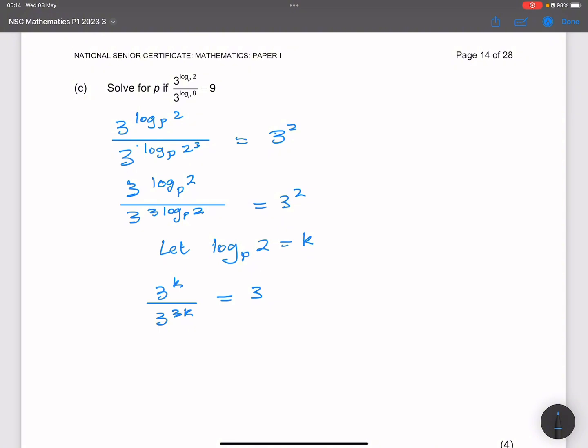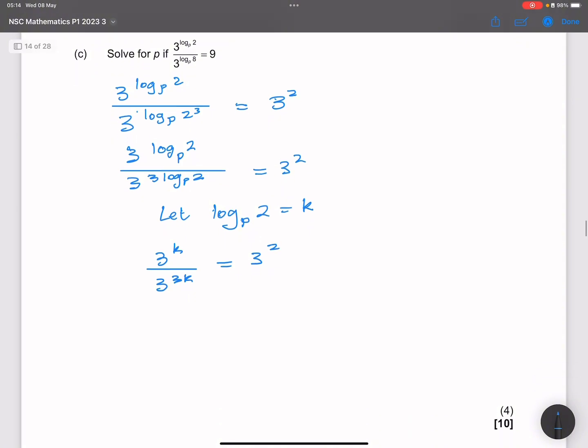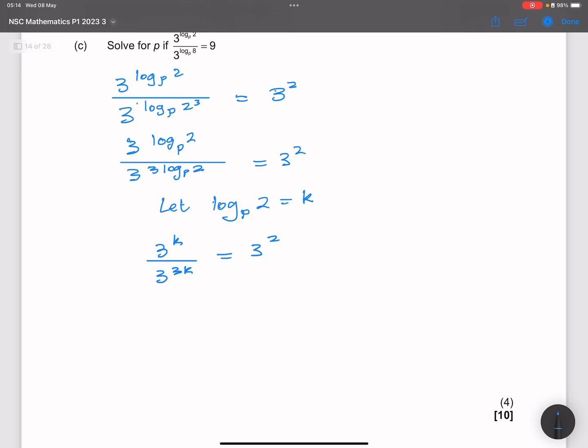So this will be equal to 3 squared. If we take that, we're going to have 3 into k minus 3k. That gives us minus 2k. So if I take that to the top, that will be minus 2k, and this will be 3 squared.